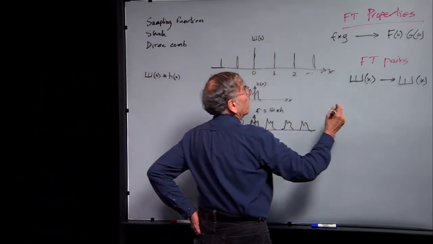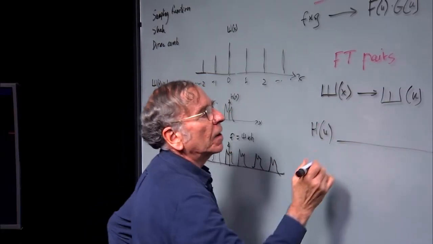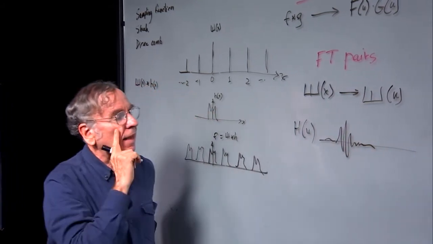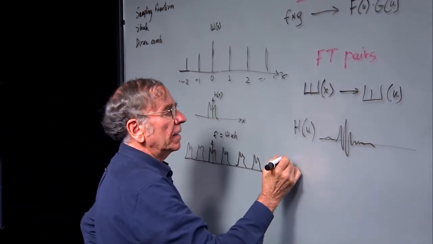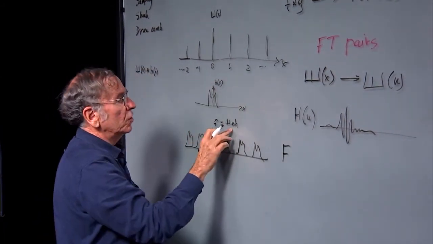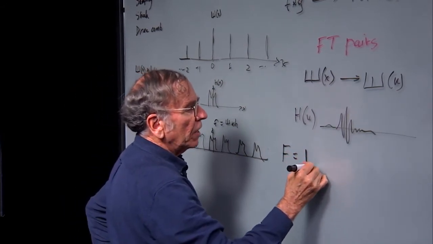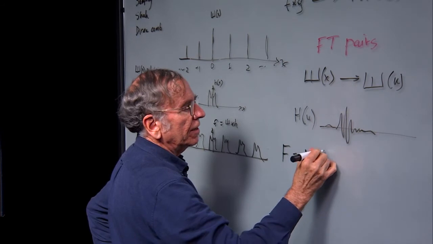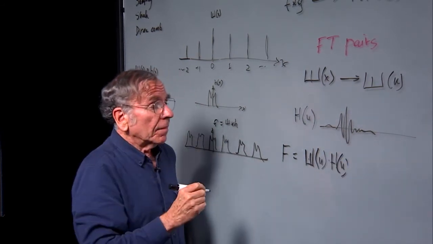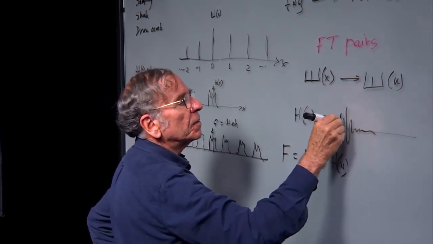Let h of u be some kind of function that maybe looks like that, and the convolution of Shah with h is going to look like the product of some kind of Shah function times h of u.